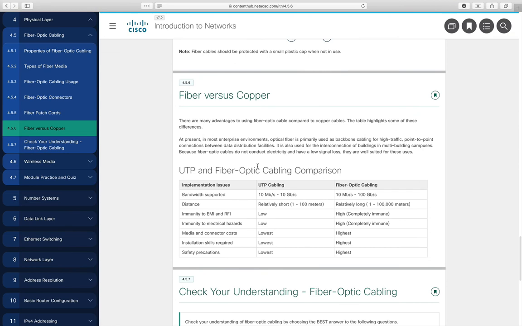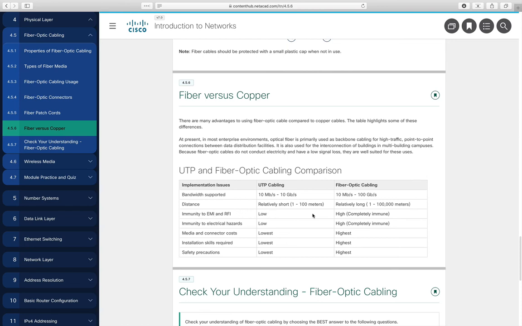This table is a comparison. We've kind of been talking about this throughout, but a comparison of fiber and copper. Fiber is a much higher bandwidth. This can go 100 meters, whereas this can go up to 100,000 meters. Immunity to electromagnetic interference.